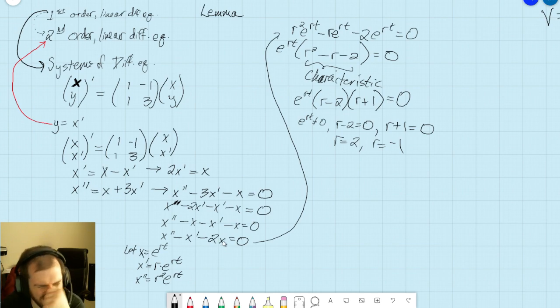We ended up with an answer here. This should not be a single answer. Well, yeah, it just means I screwed something up, probably this step here. Translating a system of equations into a second order differential equation. I think that's probably what I screwed up.